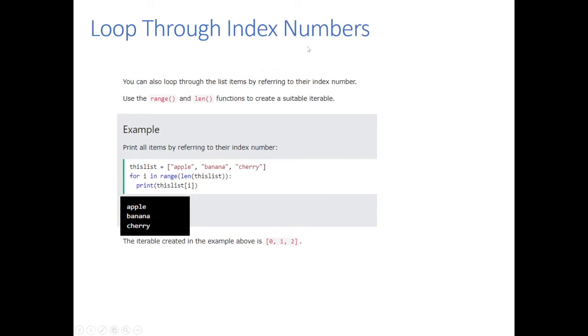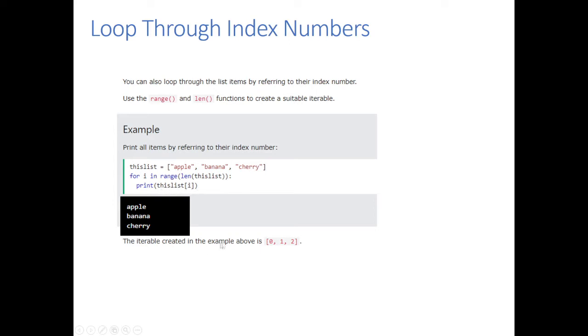Loop through index numbers. You can also loop through the items by referring to their index number. Use the range function and the length function to create a suitable iterable. This list is equal to apple, banana, cherry. So for i in range(len(this list)), print this list indexed by i.